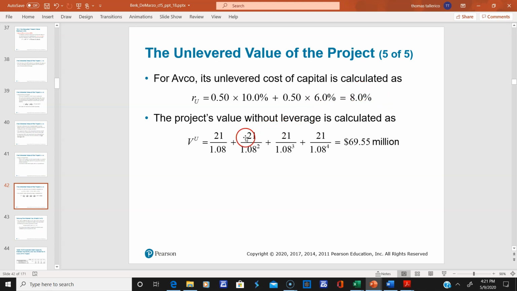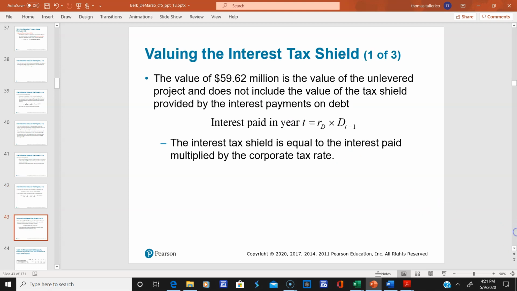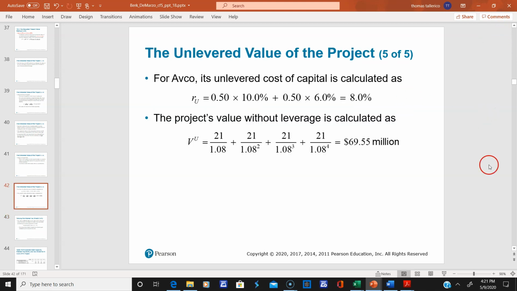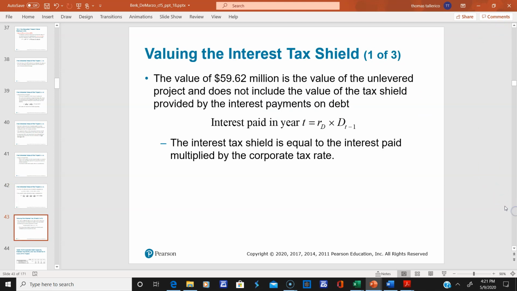So the value without leverage is the cash flows divided by the unlevered cost of capital. We're just doing the unlevered part first. So now the value is 59.62 million. Hold on, do we have a mistake here again?